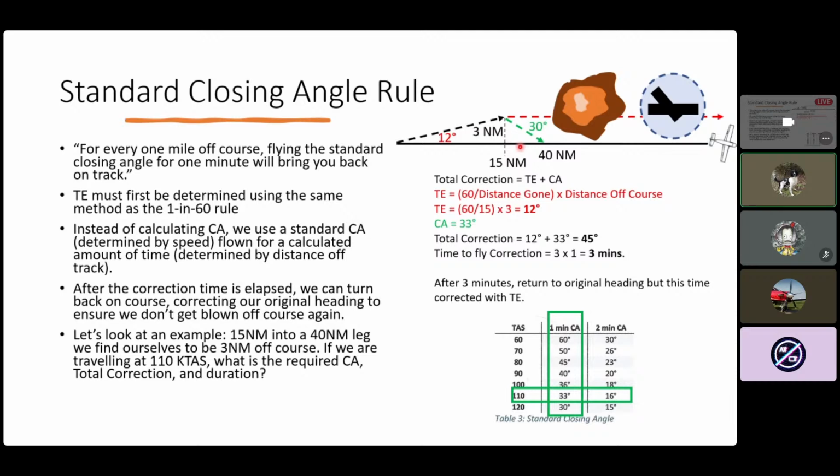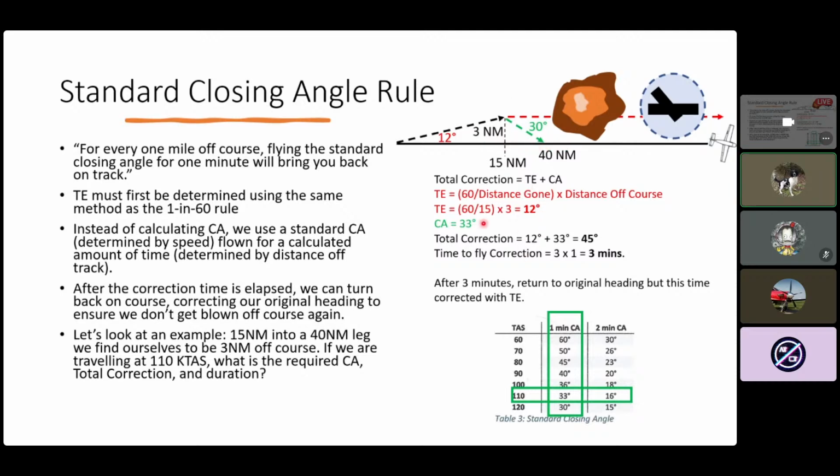So that's 12 degrees track error. Now I want to get back on course, so I've got 5 miles to go, so I need to do 60 divided by 5. That's 12, times 3, and then add that on to your original 12. So you can see the math gets a wee bit more tricky if you get really short legs with the 1 in 60.